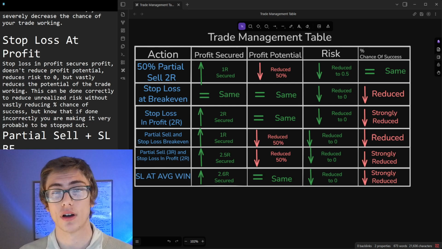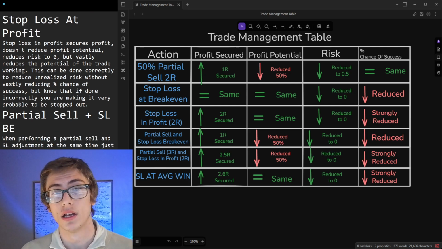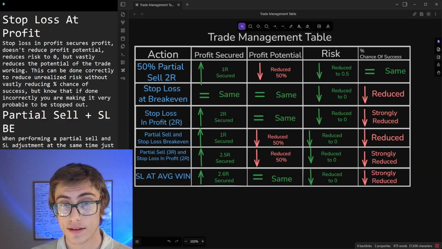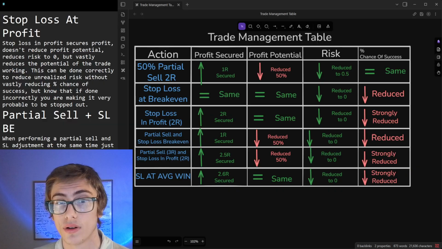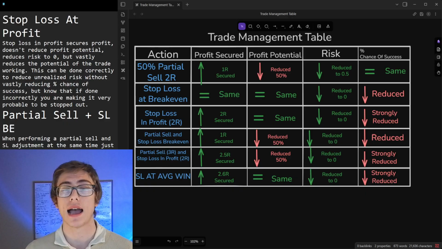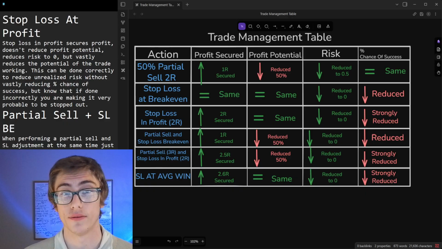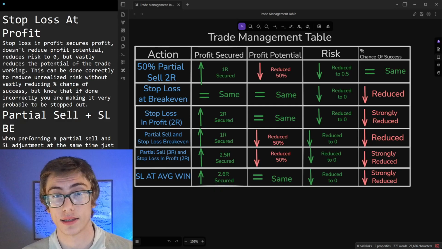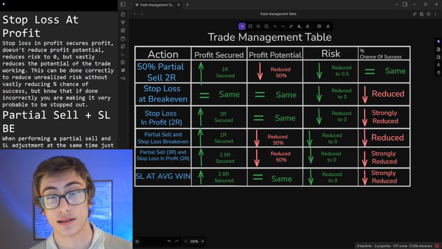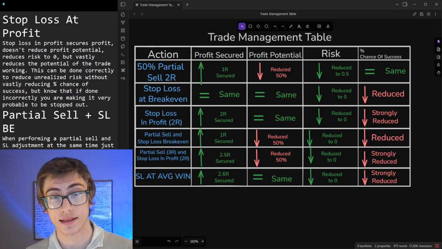So let's move on to stop loss at profit. Stop loss in profit secures profit and doesn't reduce profit potential, reduces risk to zero, but vastly reduces the potential of the trade working, right? This can be done correctly to reduce your unrealized risk without vastly reducing the percentage chance of success.